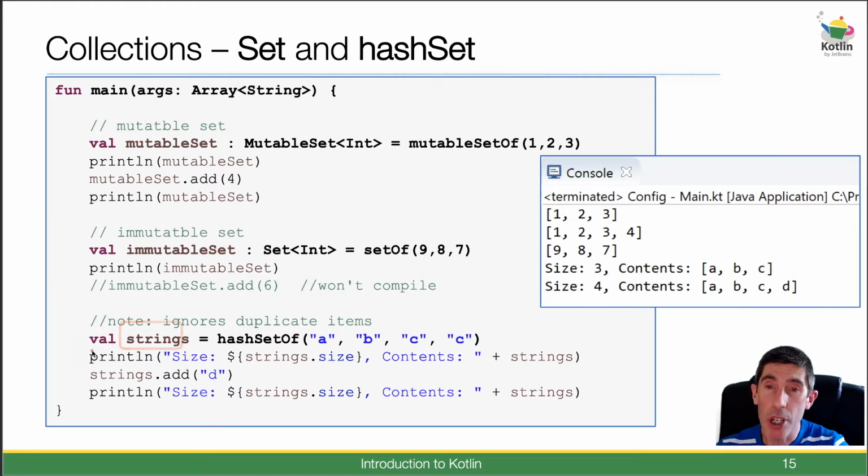But when we try and print out $strings.size, we get 3, and the contents is A, B, and C. So it won't add the second C because it already exists. Likewise, we can say strings.add, do the same thing, so we get our A, B, C, and D added to the end.